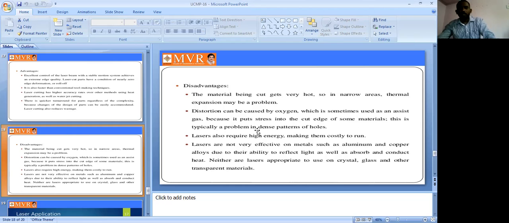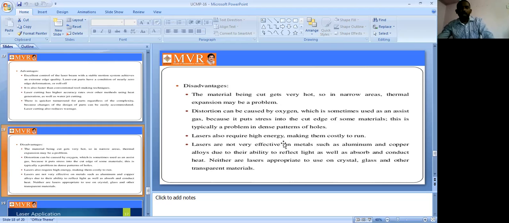This is typically a problem in a dense pattern of holes. So we use the assist gas because it puts some effect on the cutting edge of some metals. For a dense pattern of holes, we can use this assist gas.